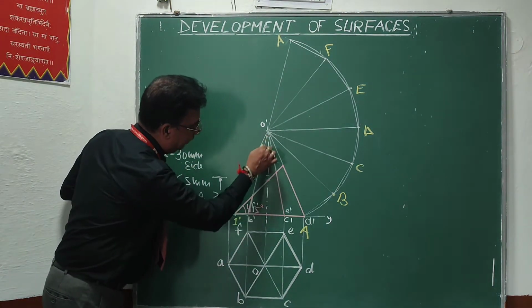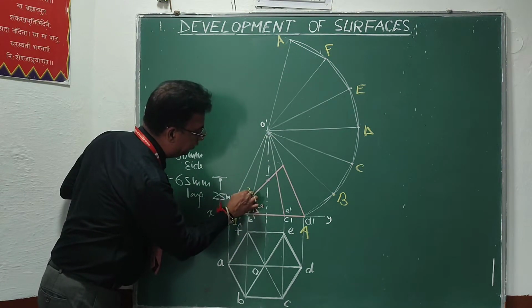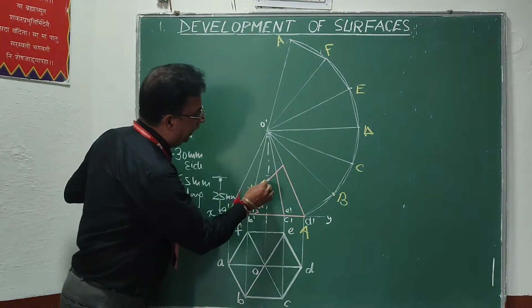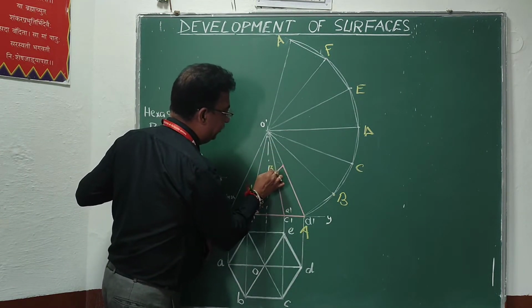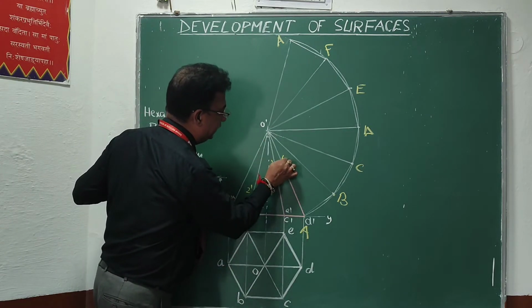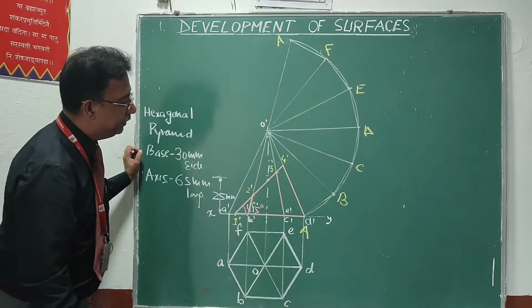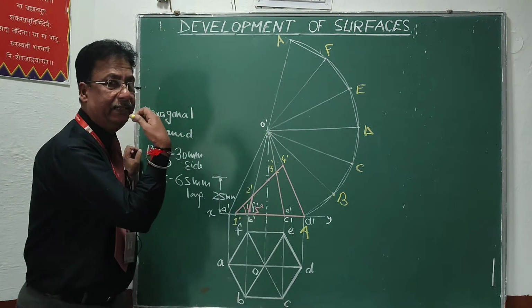Then the next edge cut by the section plane will be O dash B dash; I will name that 2 dash. Then the edge O dash C dash will give point 3 dash. And finally on O dash D dash, that is 4 dash. Coming back, the next line will be O dash E dash, which is the backside line.